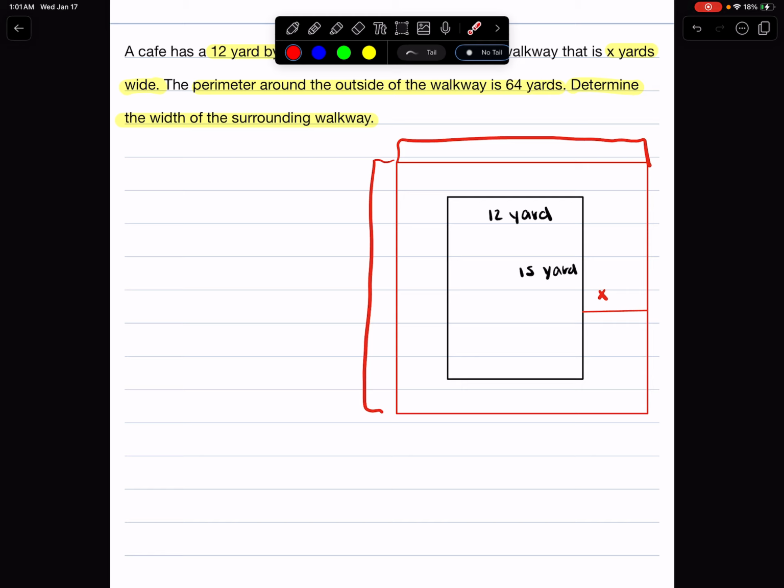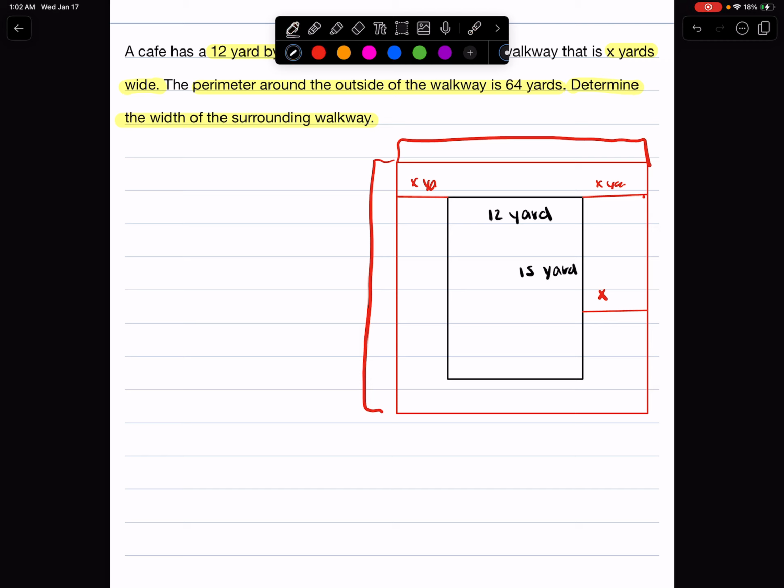And we also know that the width from here to here is X yards, and the width from here to here is X yards. So how could I represent this length right here using only what we know? Well, it's 12 plus 2 times X.